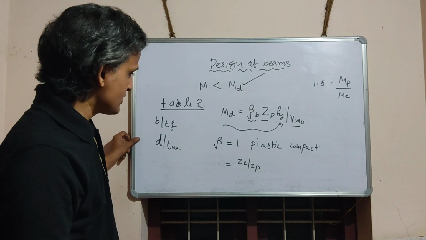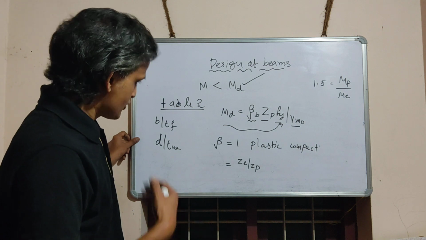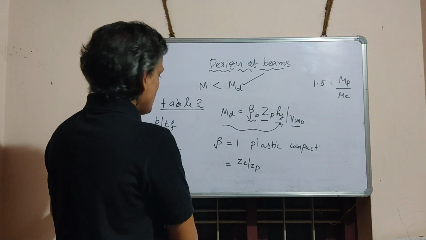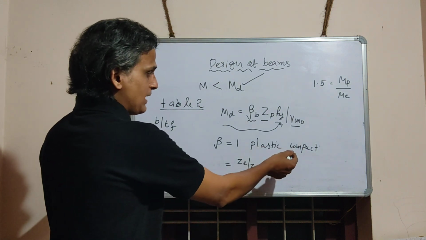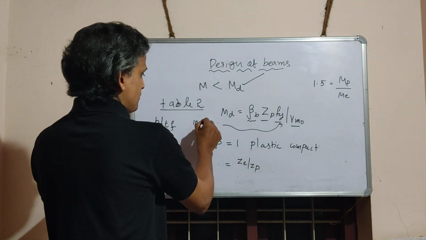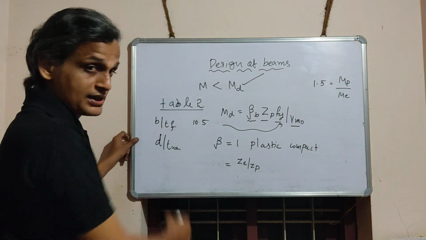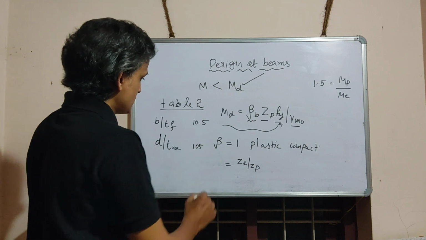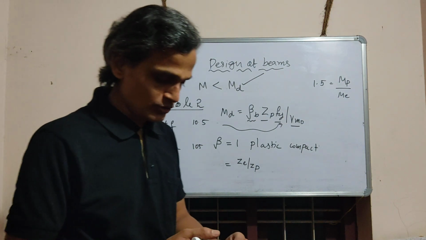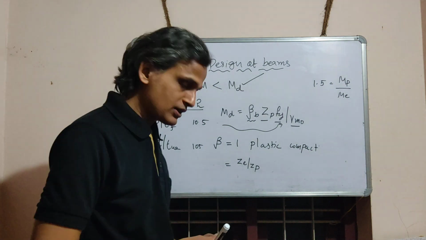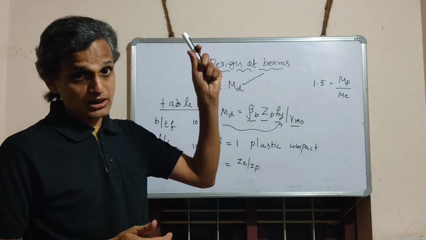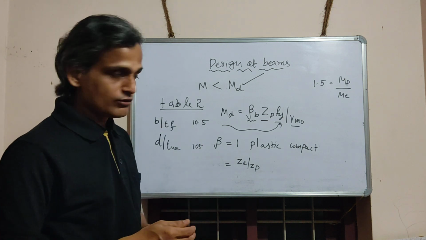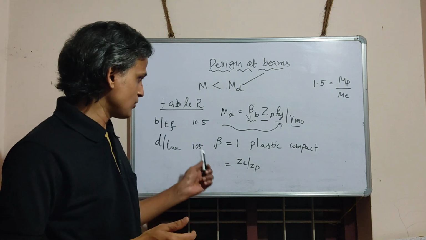Those things can be easily understood and you can easily remember. Similarly for compact, that value is 10.5 for B by TF, and D by TW value is 105. Similarly, there are other values also. Once you refer to Table 2, which is given on page number 18 of IS 800, you can find the values of B by TF and D by TW.